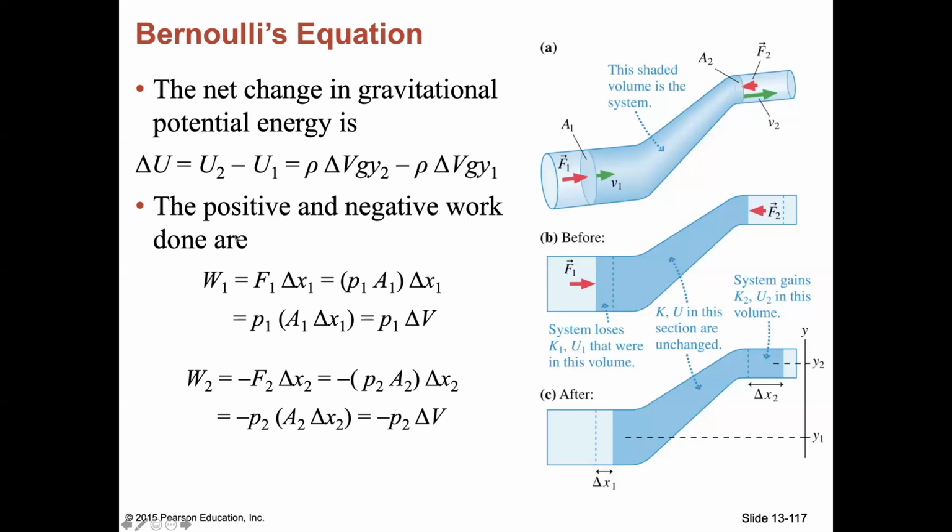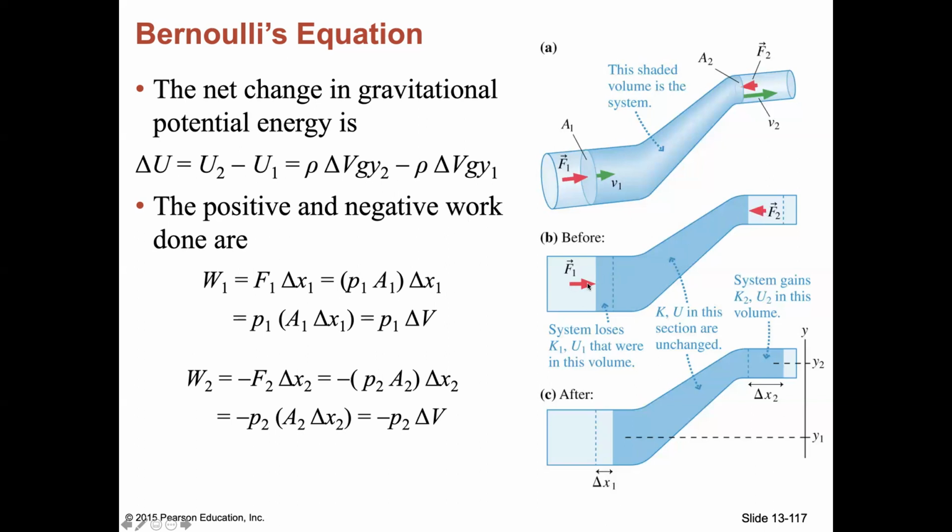And now let's see the net work done on this part of fluid. So there should be two forces pushing this part of fluid. One force is at the left end, the other one is at the right end.